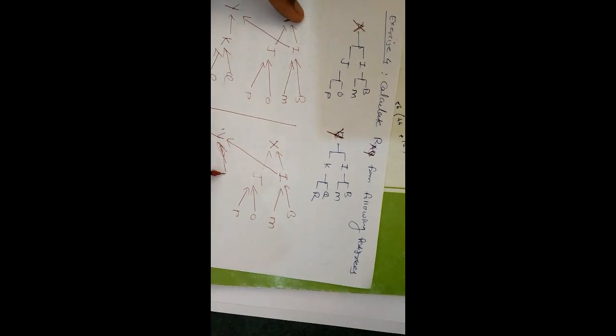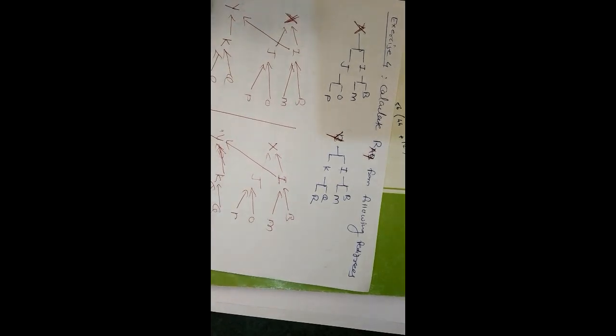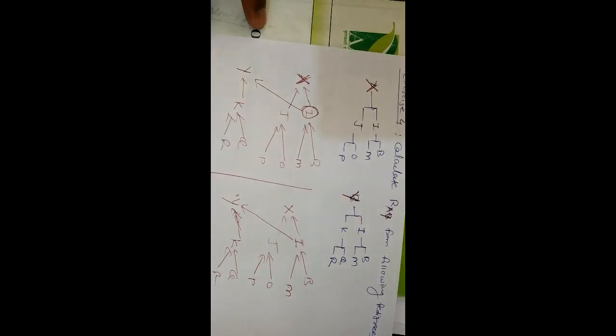Another is K. Now the parents of I are already B and M, so it is already written in the arrow diagram, so no need to repeat. And the parents of K are Q and R. Now the common ancestor in this arrow diagram is only one, that is I.